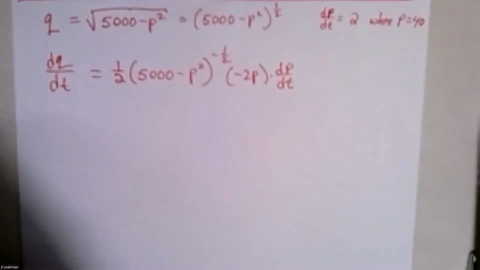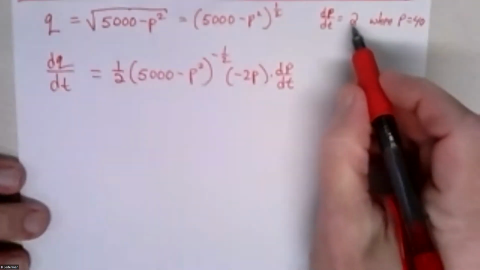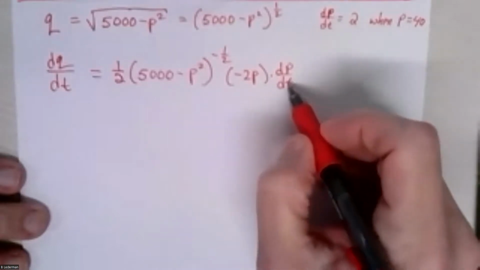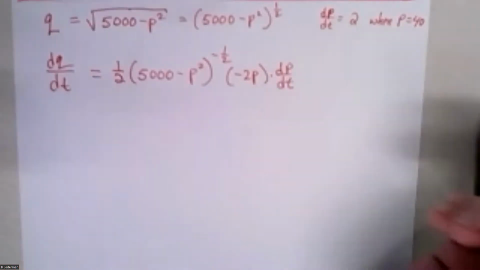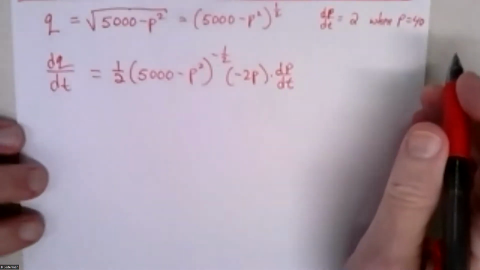Now it's really super simple because we know that dP/dt is 2, we know that P is 40, and now it's just a question of plugging in.